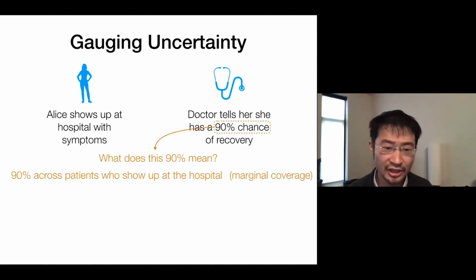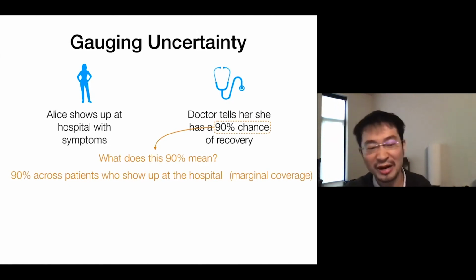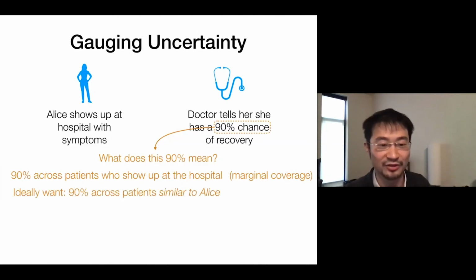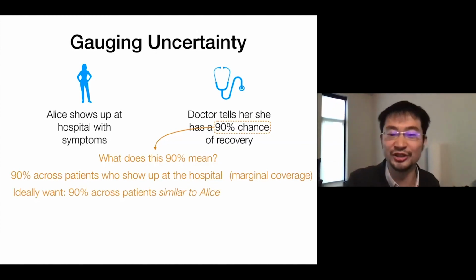Really though, this isn't what we want. If you saw the doctor and the doctor told you, oh, I'm going to give you a percentage and it's across everyone, you would probably be a little unsatisfied, because what you care about is something more like this. You want this 90% chance to be 90% across patients who are actually similar to you, or in this case, similar to Alice.